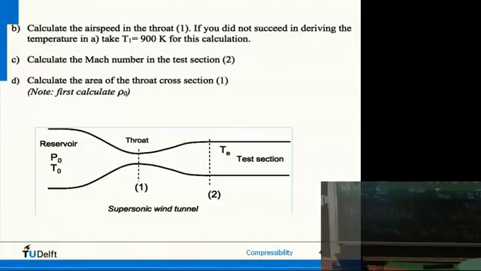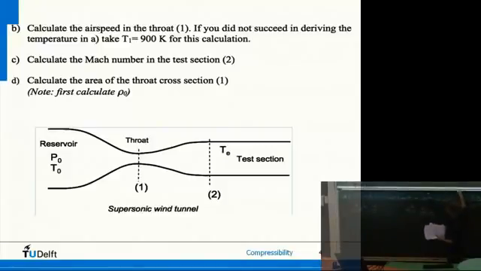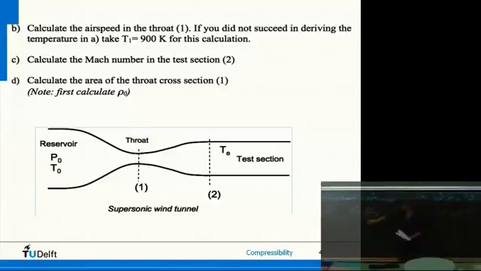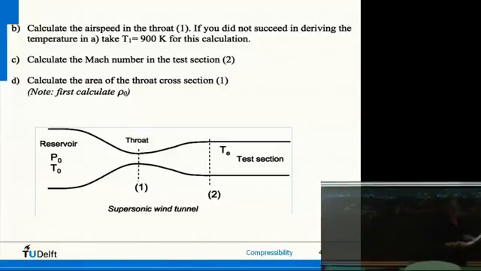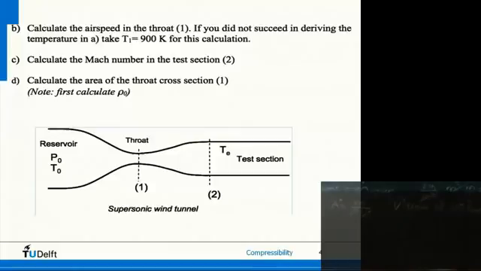I think we computed it here. So that one we have from B. So V star from B, V star was 640 meters per second. So if there's any way to compute rho star, we're done.